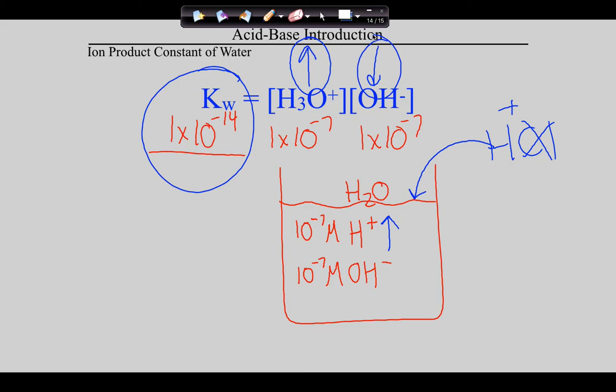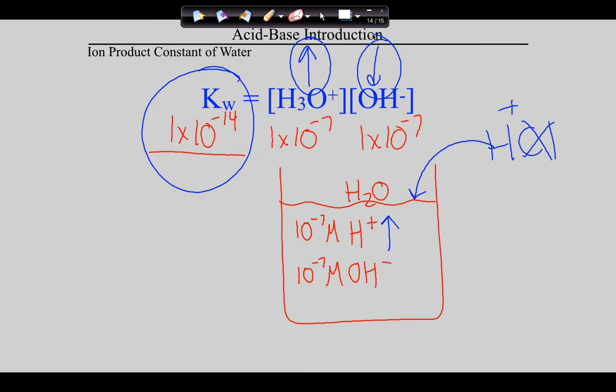And guys, that's the magic of this Kw equation. If we know the concentration of hydrogen ion, hydronium, we can then figure out the concentration of hydroxide ion for any solution because Kw doesn't change. So if there's nothing else in there but water, they'll both be 10 to the negative 7. But if we add acid, hydronium goes up, hydroxide goes down.